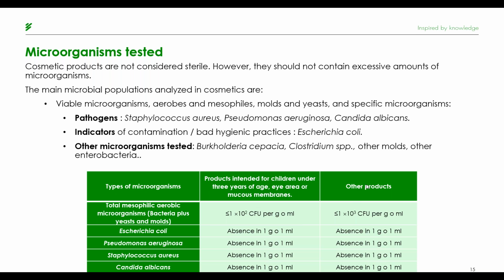For other products, the rest of them, the limit of detection is under 1,000 colony-forming units per gram or milliliter of product. And for pathogen or indicator microorganisms, we need to have an absence of any microorganisms in 1 gram or milliliter of product.